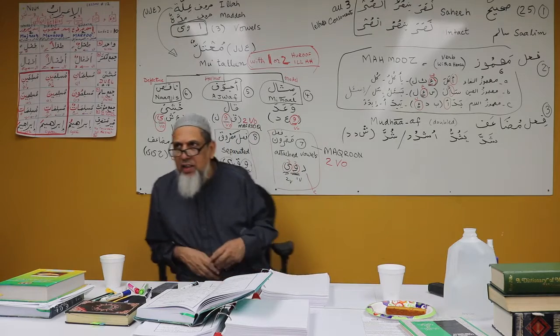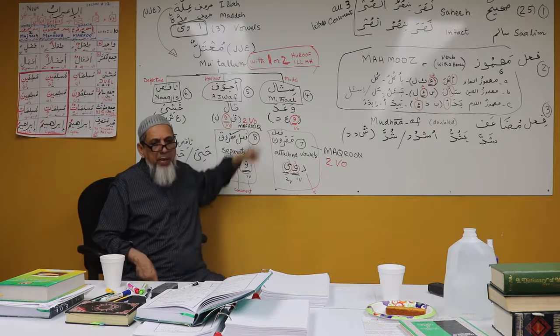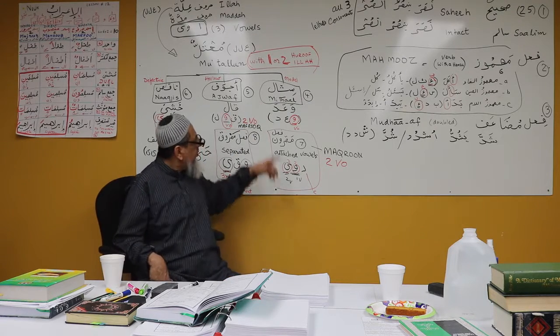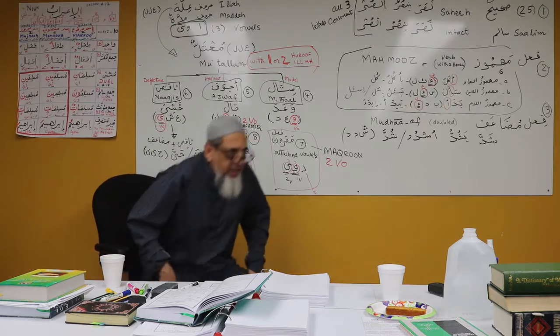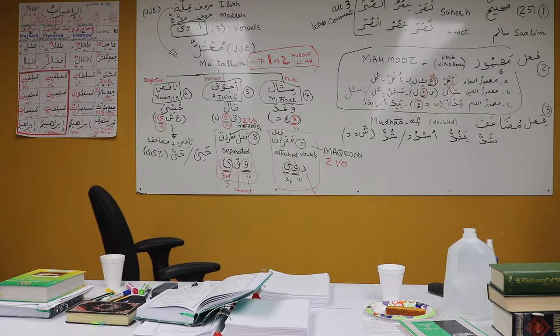Big one here. This one, mithal. On top of the page. Page number 674. Mithal. Write down big mithal. Mithal, very good. Everybody, on top of every page, write down mithal.